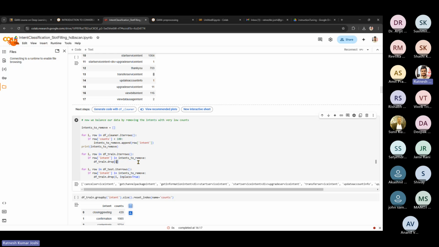Now, generally, if you have used any programming language, if you want to overwrite the value of df_train, you will write it as something like this, right? df_train is equal to the original value of df_train, and then drop all the elements that are in intents to remove, and then replace the old df_train with this new value, right? So this is how we will generally overwrite an old variable with a new variable, using this assignment operator.